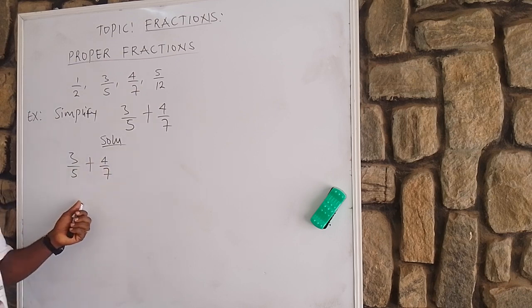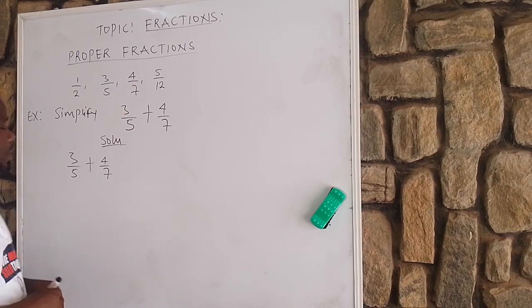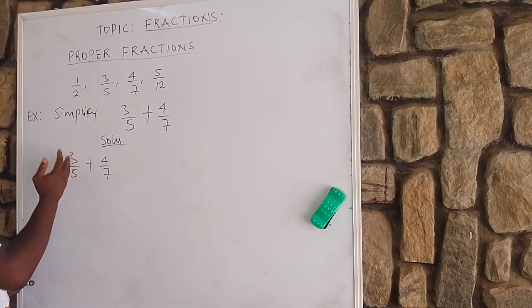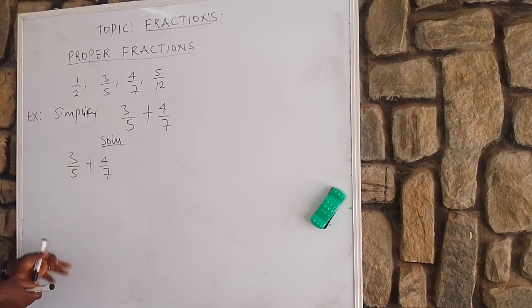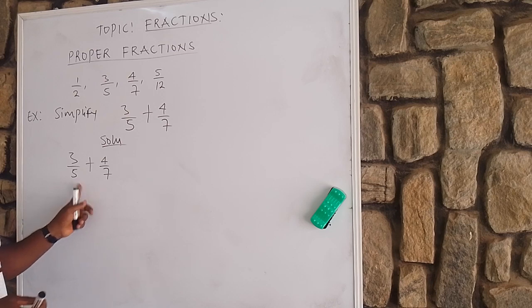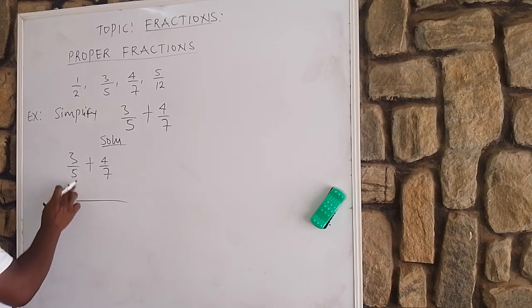If you come across questions like this, what you first consider is that these questions are fractions, true or false. And when you look at the fraction, it is a proper fraction, why? Because the numerator is lesser than the denominator, isn't it? So for you to simplify this, look at this value here and look at this. You look for the LCM.